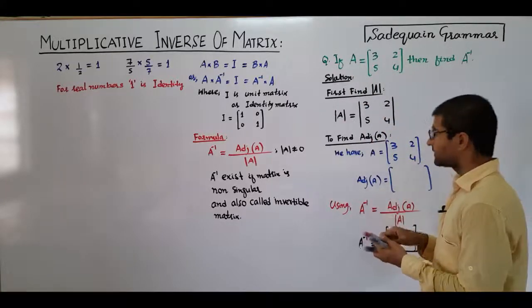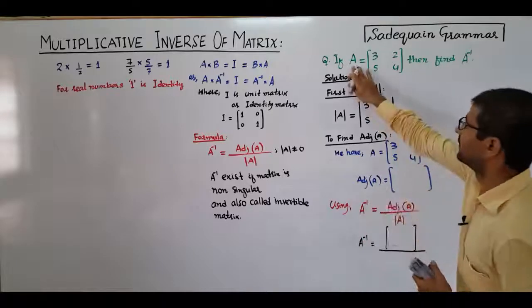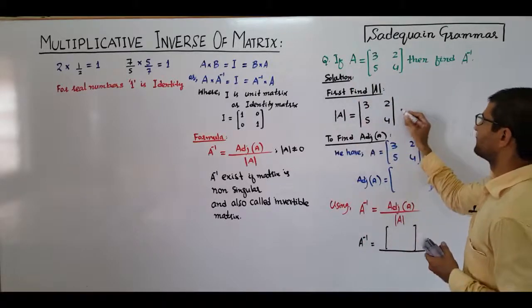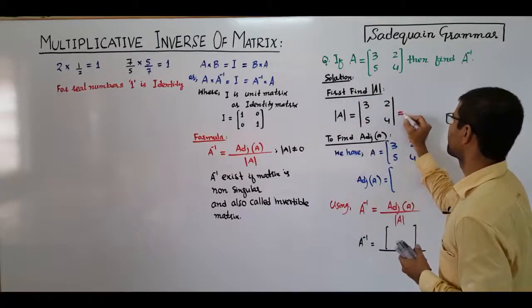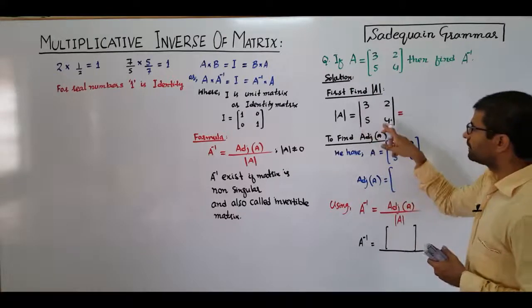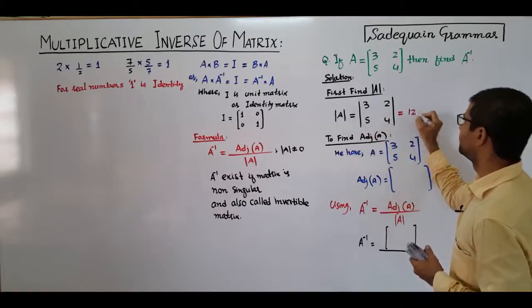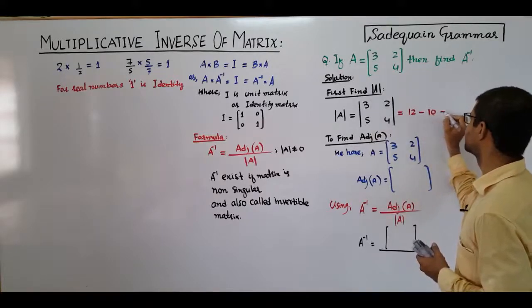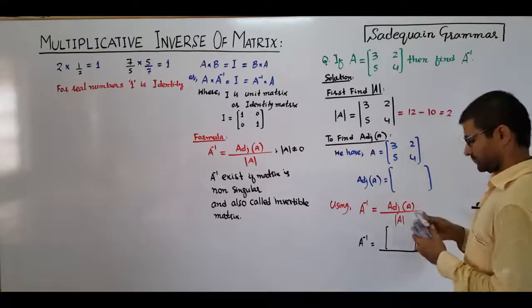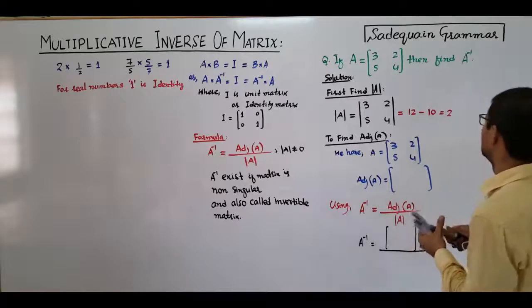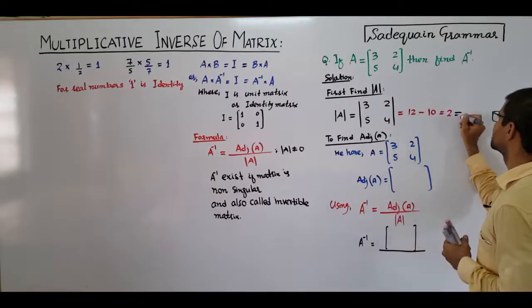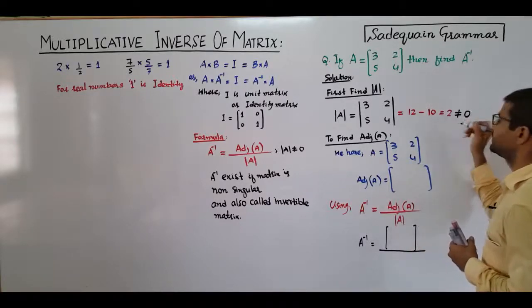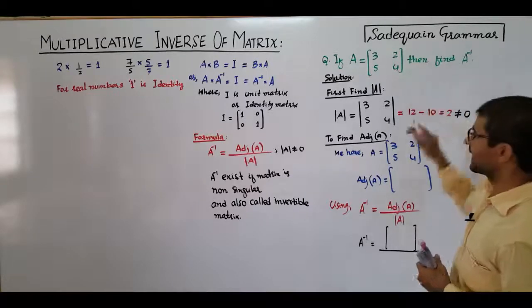So students, first I am going to find the determinant of A. 3 4s are 12, 5 2s are 10, minus, answer is 2, which is not equal to 0. It means A inverse exists.